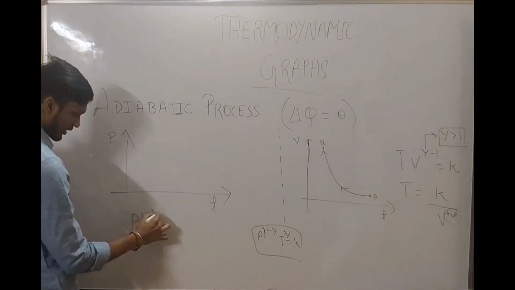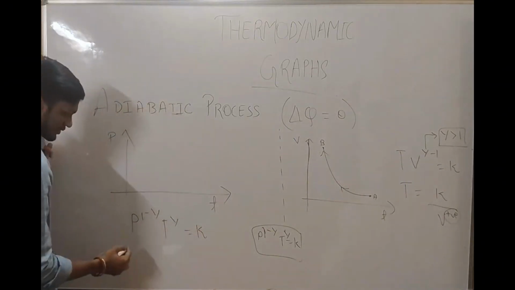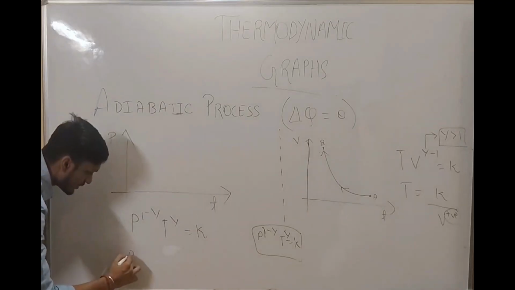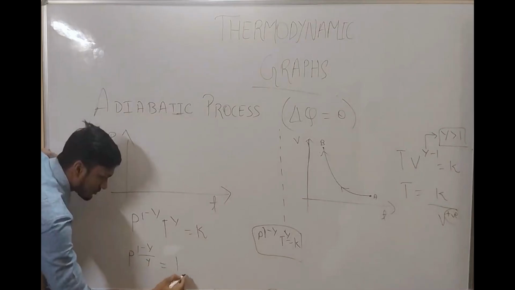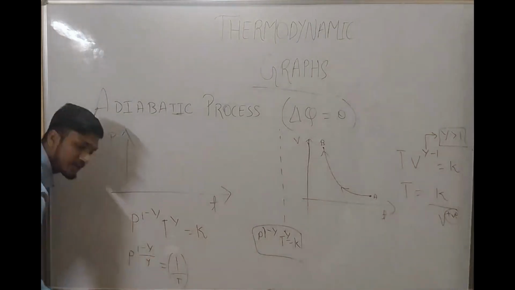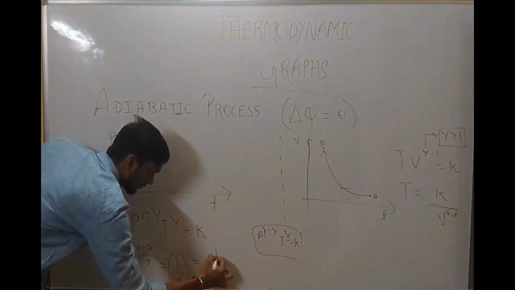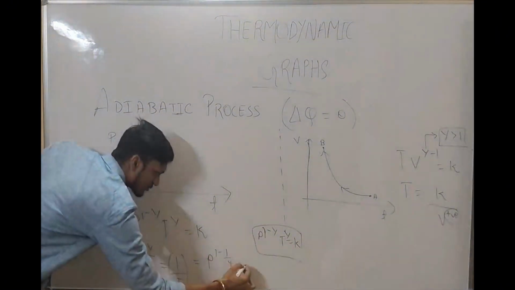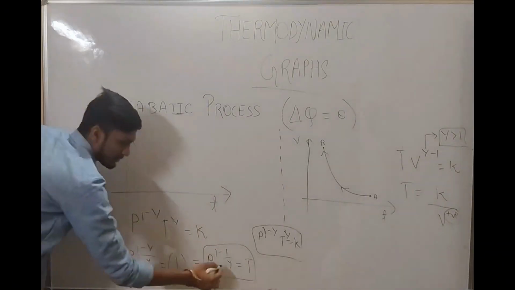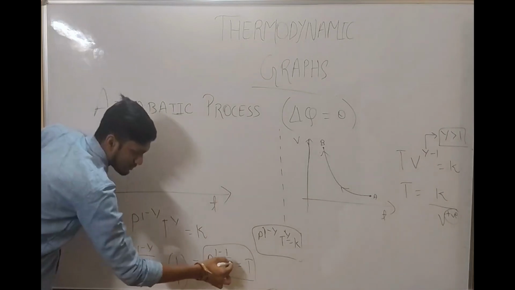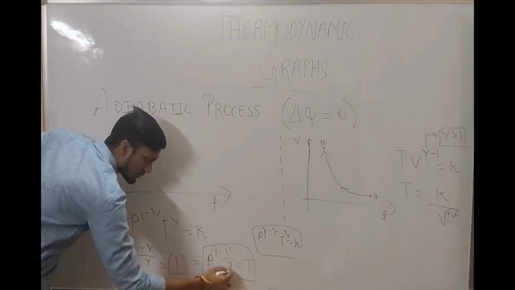To draw the PT graph, let's analyze P to the power 1 minus gamma by gamma is equal to 1 by T. Now this will be P to the power 1 minus 1 by gamma is equal to T. Gamma is greater than 1, so this exponent will be less than 1 and positive.